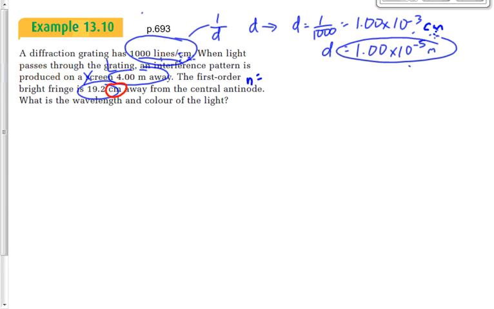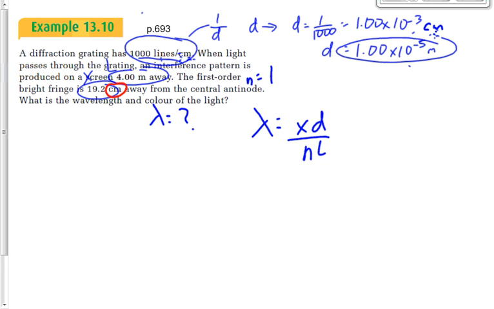Bright spot, so N is going to be equal to 1. We won't worry about the color again, right? Just worry about the wavelength. We want to use XD over N times L here, okay, because it seems like it fits best.